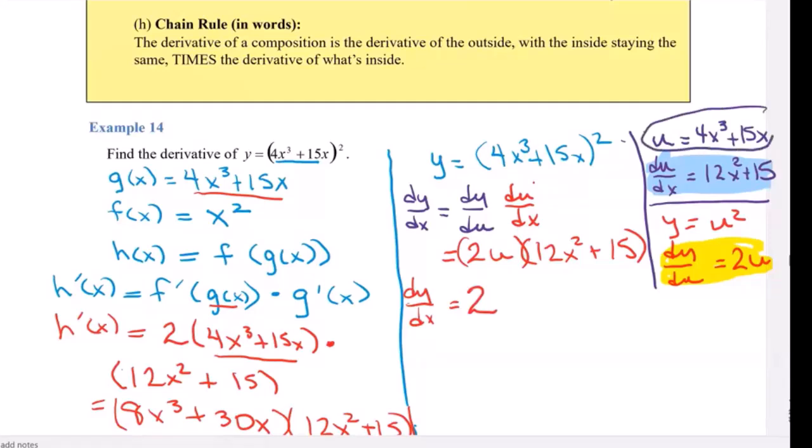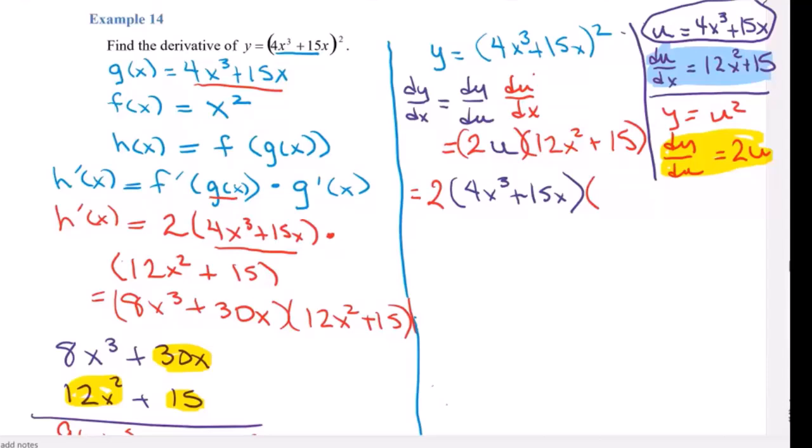Here's my u. So it's 2 times 4x to the third plus 15x times du dx. And du dx is 12x squared plus 15.